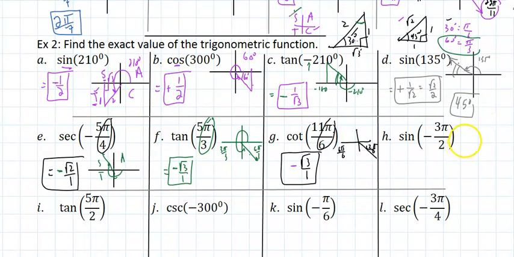3 pi over 2 is a bit tricky. Just a bit. It's along the y-axis.